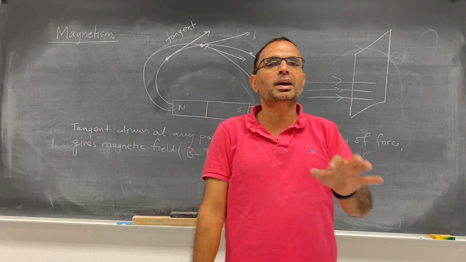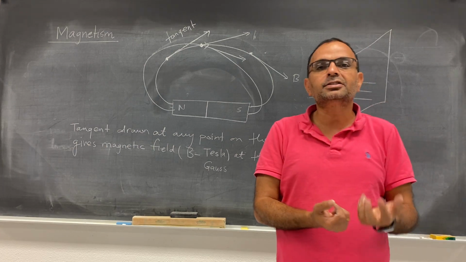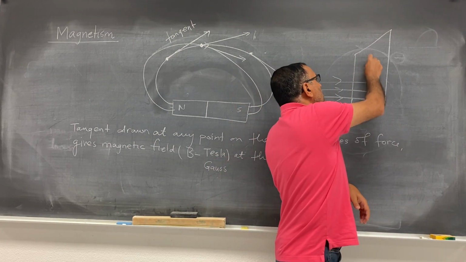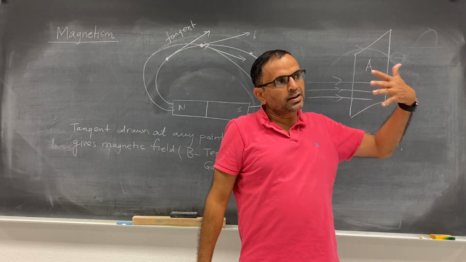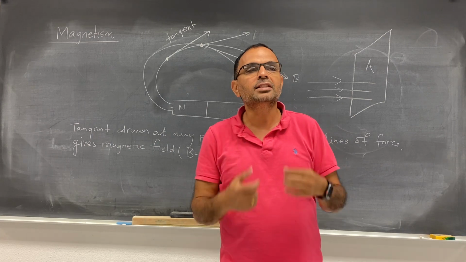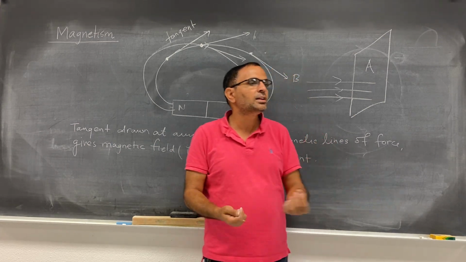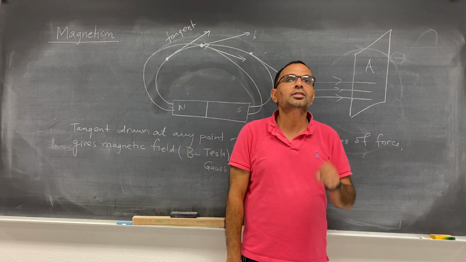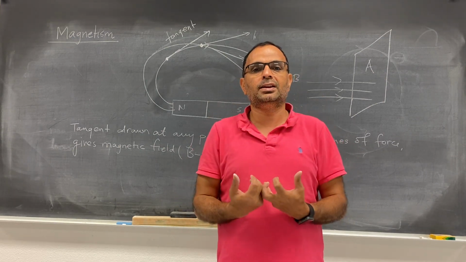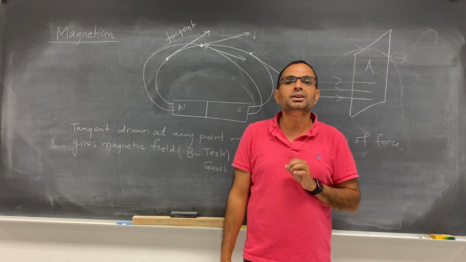Simply, the magnetic flux is the magnetic lines of force passing per unit area, and they must be perpendicular to the surface. The magnetic flux determines the magnetic field. So if you have more magnetic lines of force, the magnetic field is big there.